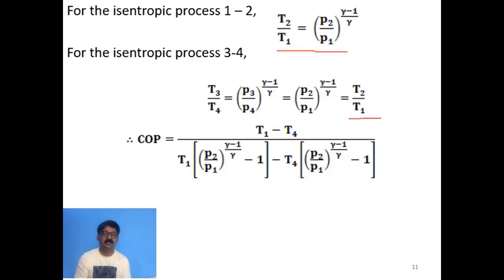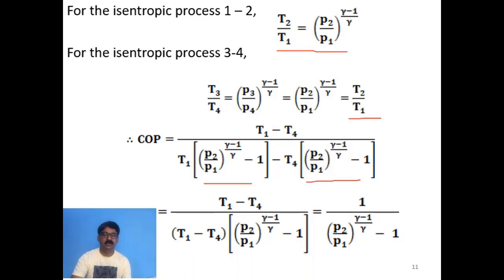Now substituting in the COP expression, numerator remains same as T1 minus T4. Denominator, in place of T2 by T1 and T3 by T4, you have to substitute P2 by P1 to the power gamma minus 1 by gamma. So you can take out these two terms that are common inside the bracket. You can write T1 minus T4 outside and inside P2 by P1 to the power gamma minus 1 by gamma minus 1 as the common term.